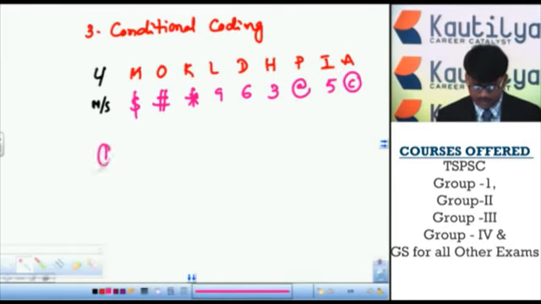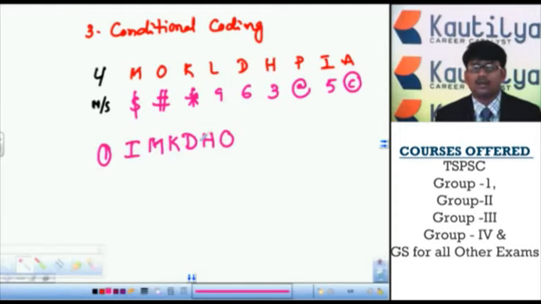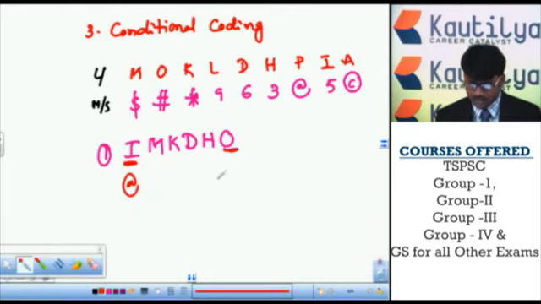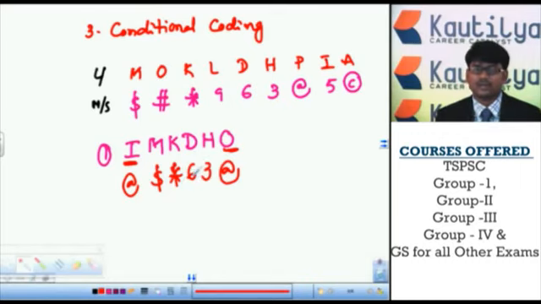For example, the given question is I, M, K, D, H, O. The first letter and the last letter are vowels, so both are coded by @. That means I is coded by @ and O is coded by @, and M is $, K is star, D is 6, H is 3. This is the conditional coding for the given statement.